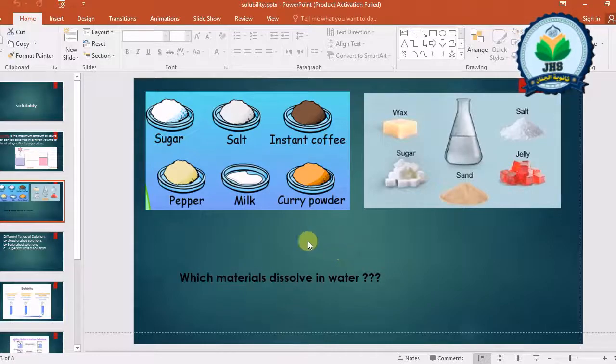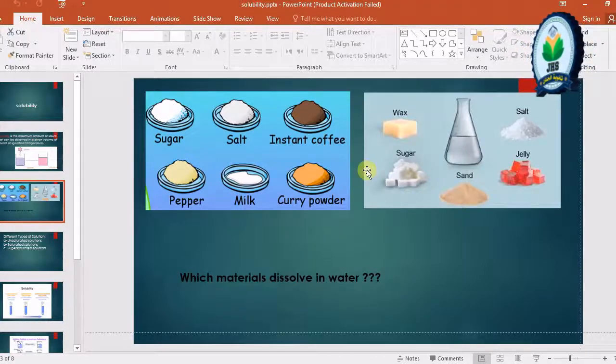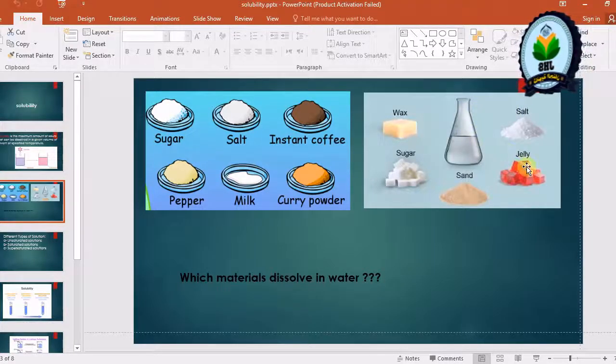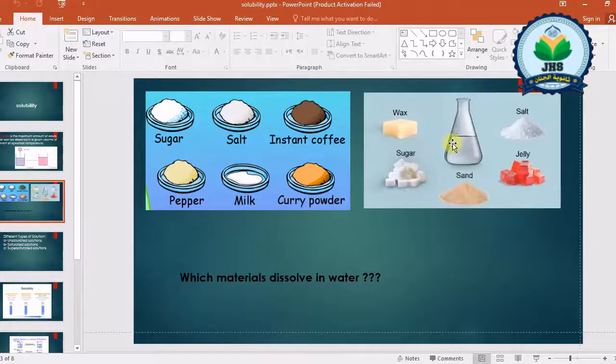Which of these materials dissolve in water? Wax contains oil. Can oil dissolve in water? Can salt dissolve in water? Can the jelly dissolve in water? Or the sand? The sugar?